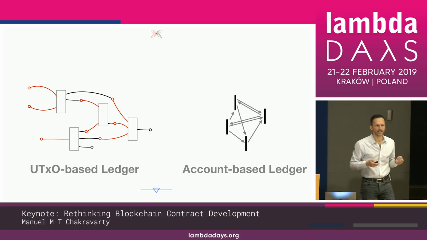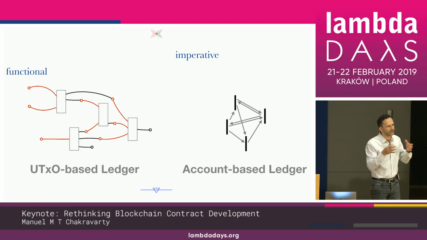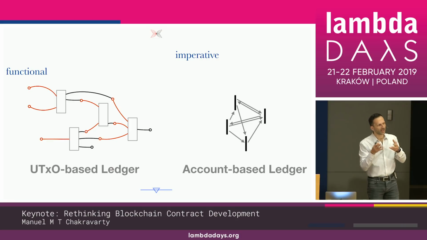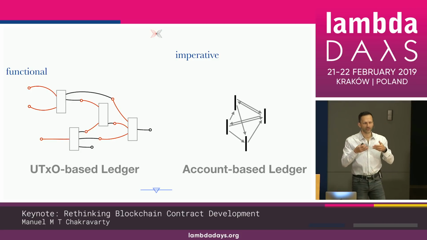Now, interestingly, if you look at them, the data flow graph obviously is a functional data structure. I mean, think about the work on data flow languages, for example. Whereas this account model, I find it very fitting that it's used as an introductory example for object-oriented programming very often, is really a very imperative object-oriented model.